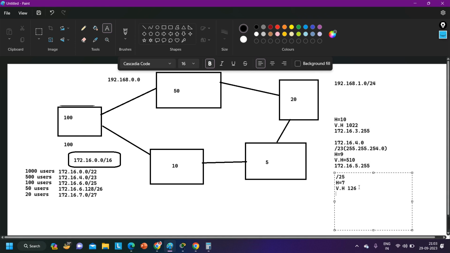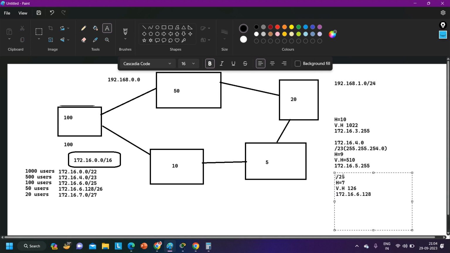And the next network, last IP address, broadcast ID. What will the block size be? 128. So you will add block size 128 to 6.0, because 6.0 is the network ID of this network.